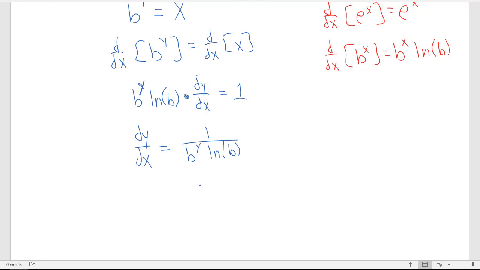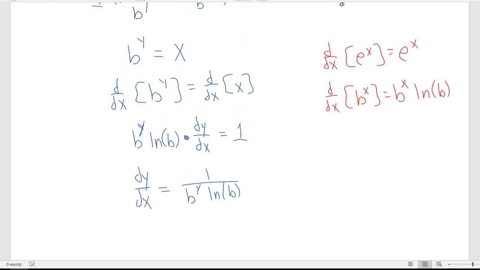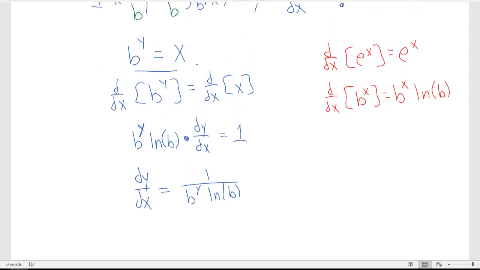And then just like in our initial derivation, we don't want y's in our derivative with respect to x. So let me scroll back up. What is b to the y? Well, b to the y is x. So I'm going to write this as 1 over x ln of b.